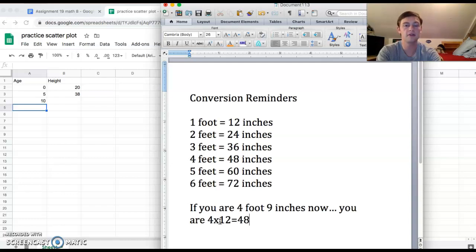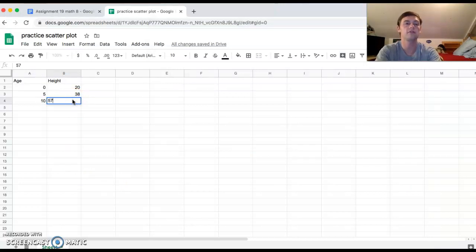But then I was 4 feet 9 inches, so those 9 more inches. Add on 9, and you get 57. All right, so that's 57. And then when I was 13, I was probably like 5 foot, and 5 foot is 60 inches. All right.